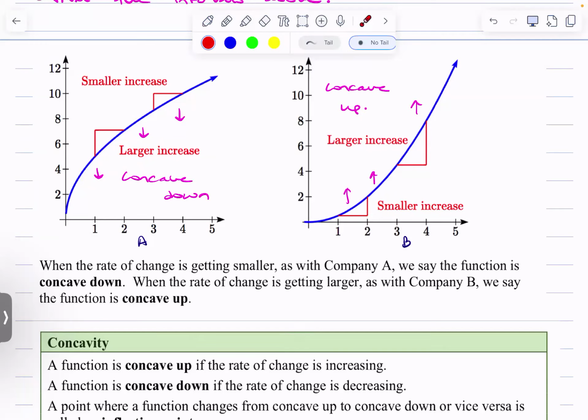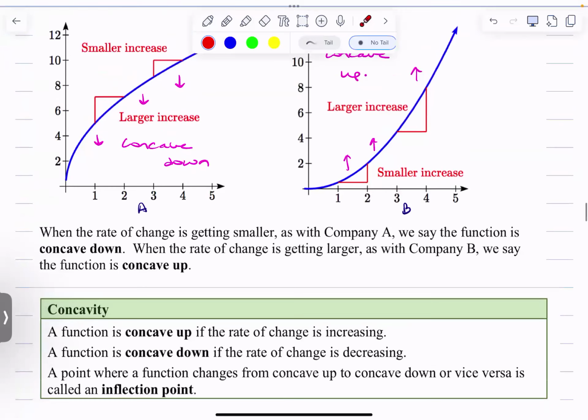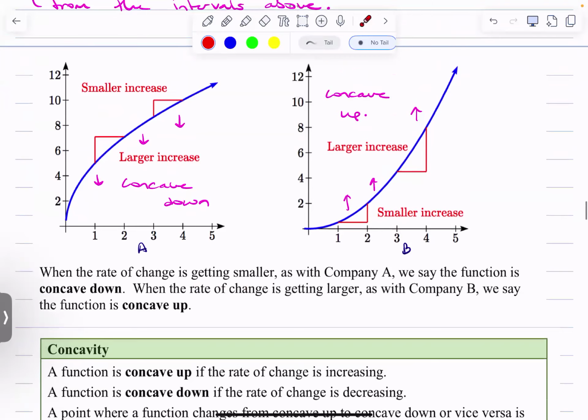Usually all I get you to do is just look at a graph, but let's talk about concavity. So when the rate of change is getting smaller, right, here where it tends to kind of level off, then we say the function is concave down.